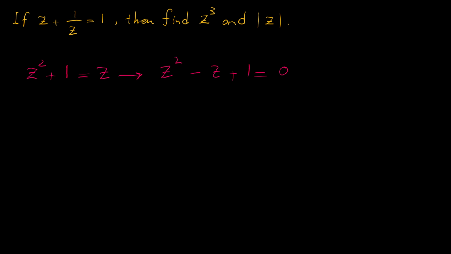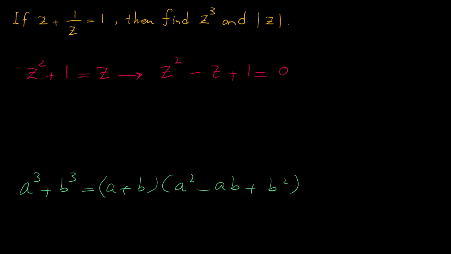Let me remind you of an important identity. a to the 3 plus b to the 3 is a plus b times a squared minus ab plus b squared. For minus, it would be a minus b times a squared plus ab plus b squared. For a to the 3 plus b to the 3, we can write it in this way.